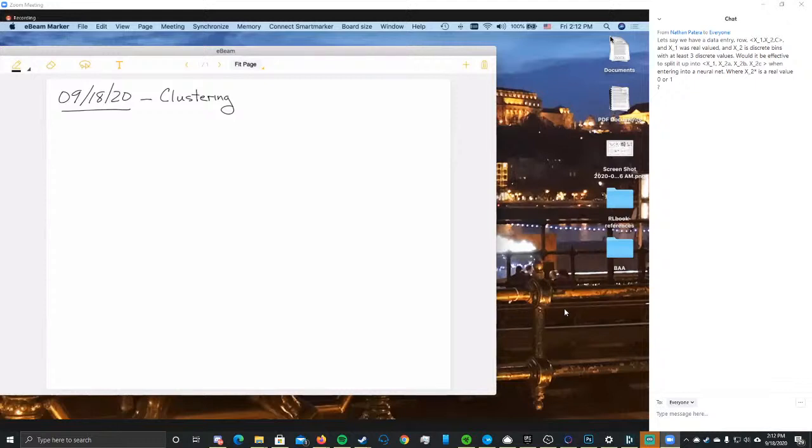All right, so where we're going today, we still have a couple algorithms that we need to look at related to your project, but they fall more in the area of unsupervised learning.